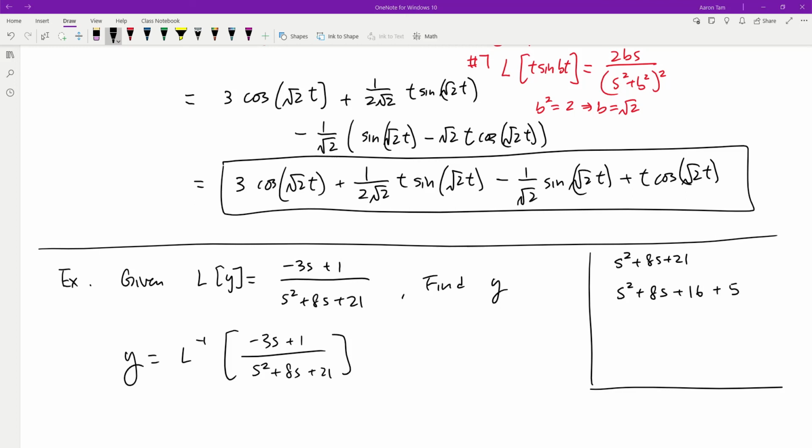So therefore, now what I have is basically s squared plus 8s plus 16 plus 5, where 16 plus 5 gives you 21. So I technically didn't change anything, but just simply broke down the 21 into 16 plus 5. And now this front part right here can be factored into s plus 4 squared.